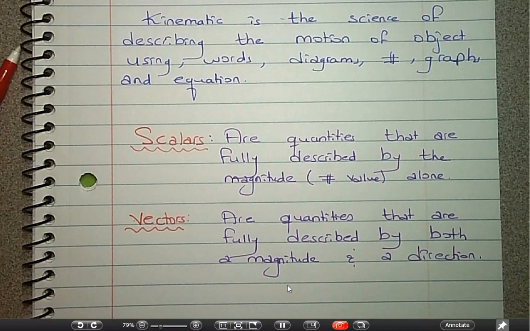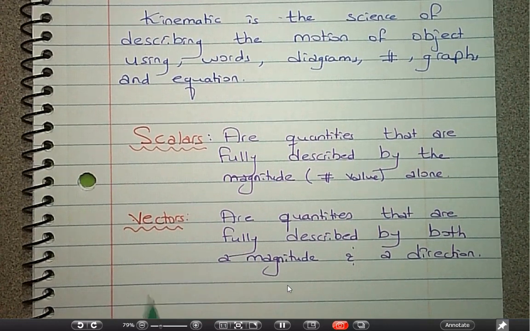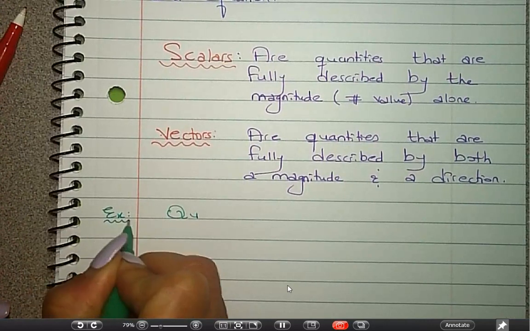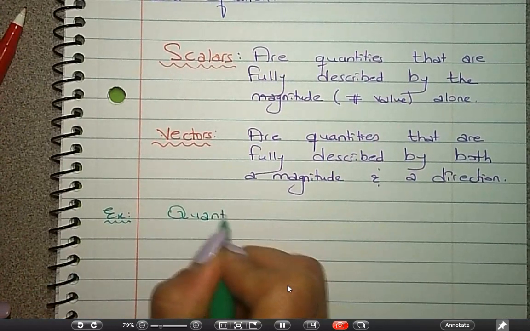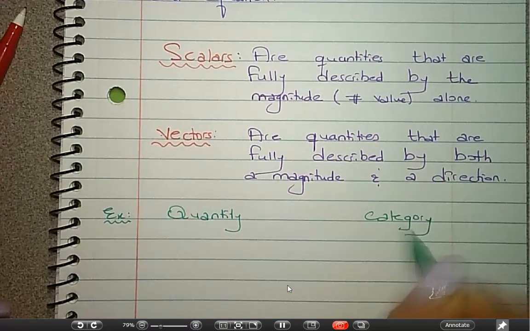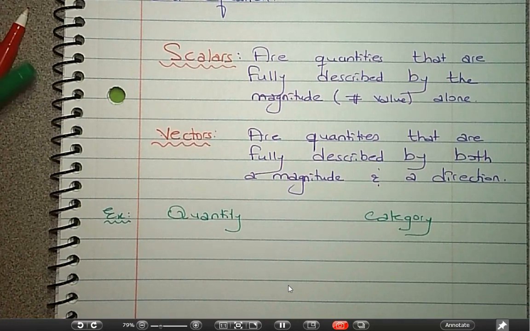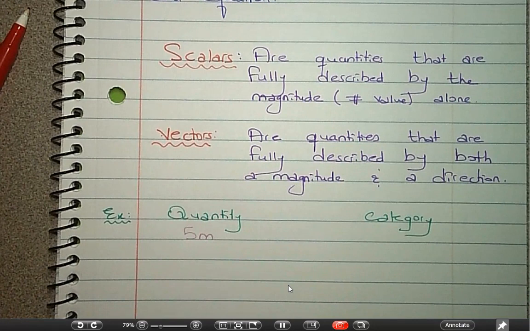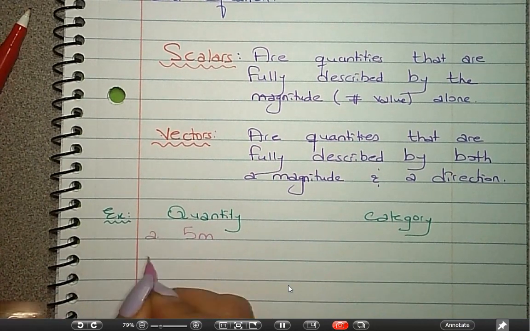All right, we're gonna work on a few examples. So for example, I'm gonna give you the quantity and you have to try to figure out the category. So we got quantity here and we got the category here. I'm going to write them all down first and then probably going to take a minute to think about them and then I'll go back to them.